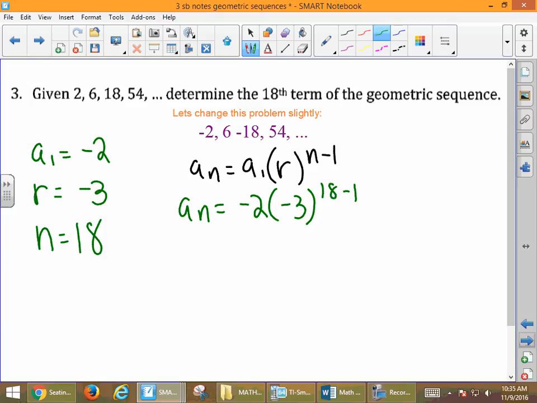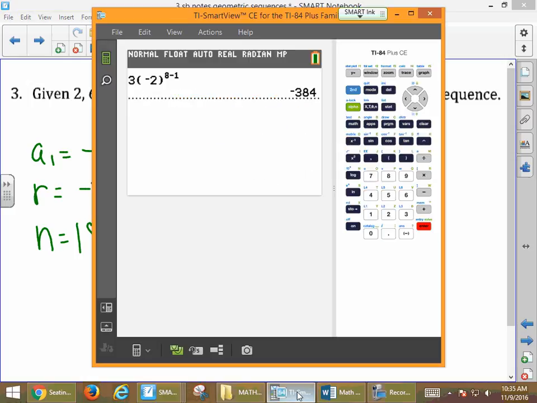I really should write a sub 18. But when we type it in, we have -2 times -3 to the 18 minus, not plus, minus 1. And we end up with a pretty big number there.